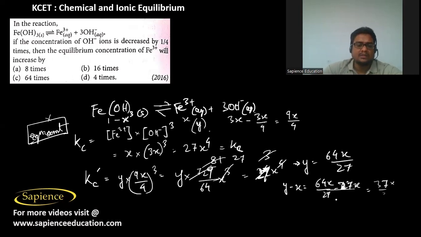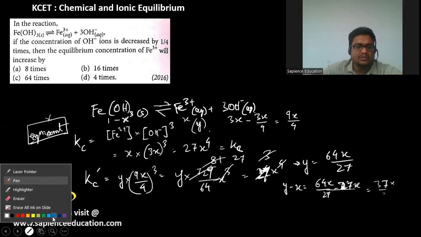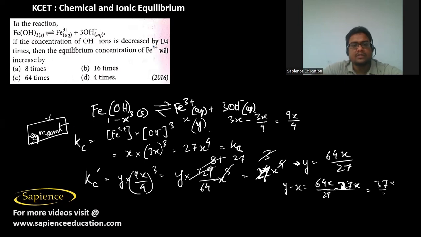Okay. So here I think the question is slightly wrong. It should be if the concentration of hydroxide ion is decreased to 1 by 4 times.